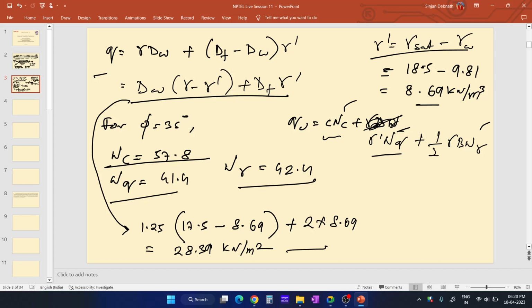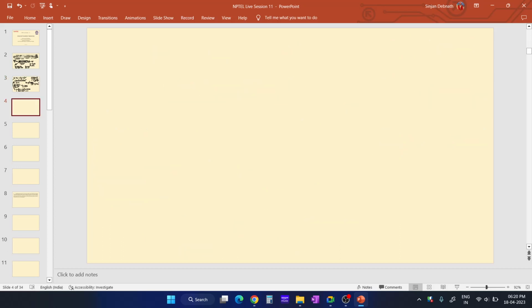Now we have all the values of all the parameters, so we will use these values to find out the net ultimate bearing capacity, which is denoted by qnu. For qnu, we find the ultimate bearing capacity and deduct the overburden pressure part, or the surcharge part.